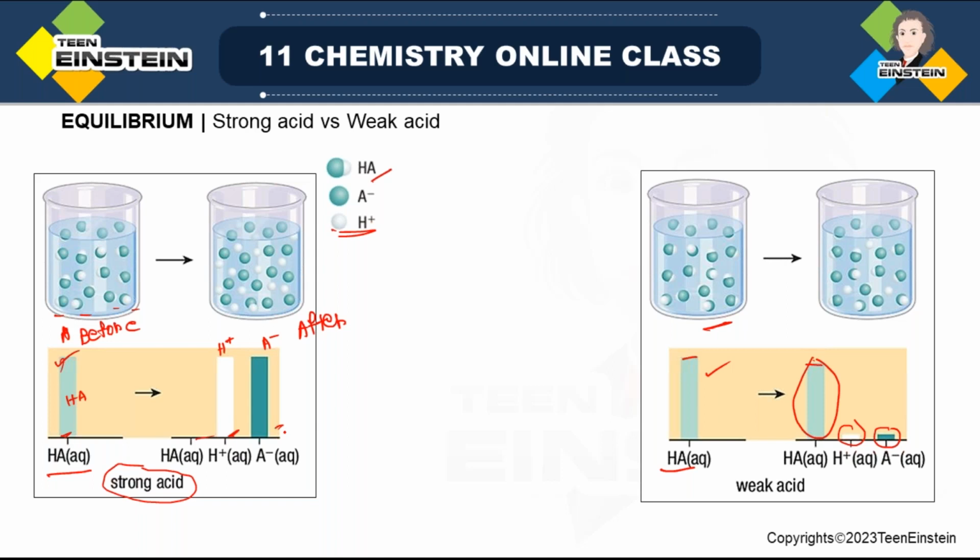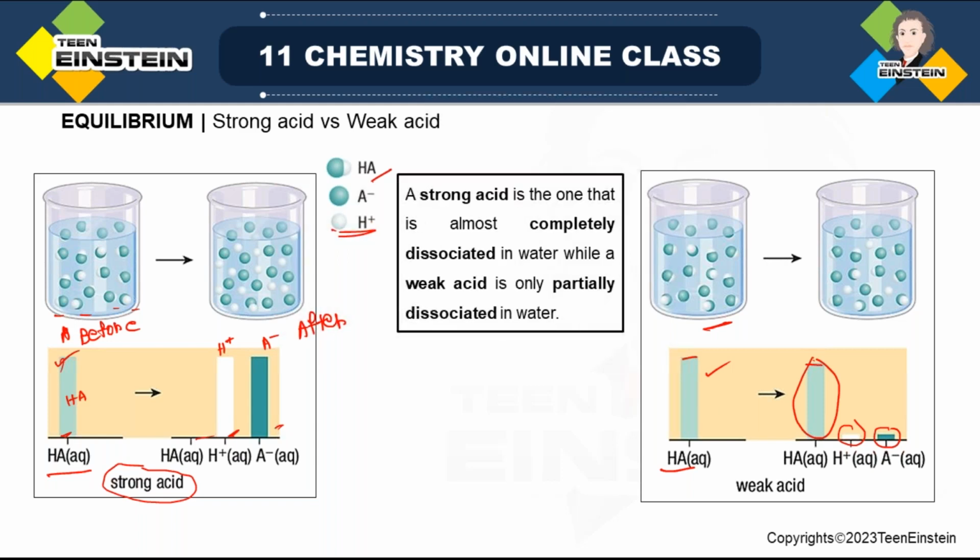So this is weak acid. Very small percentage of HA molecules are in dissociated condition. So as a definition, we can say a strong acid is one that is almost completely dissociated in water. But if it is a weak acid, there will be partial dissociation. So that is the difference between strong acid and weak acid.